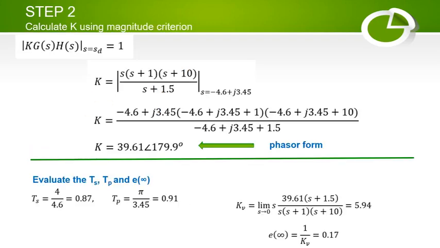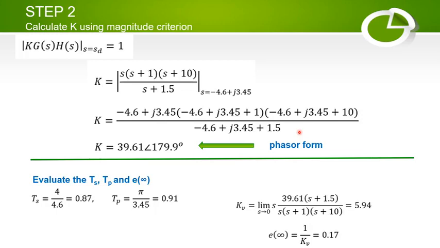Step 2 is to calculate the K value using the magnitude criterion. This is the magnitude criterion equation which we have learned earlier in this chapter. Substitute the open loop transfer function of the system into this part of your magnitude criterion and rearrange the equation to calculate the K value. Then substitute the value of S in this equation with your dominant poles, and you will get this equation.